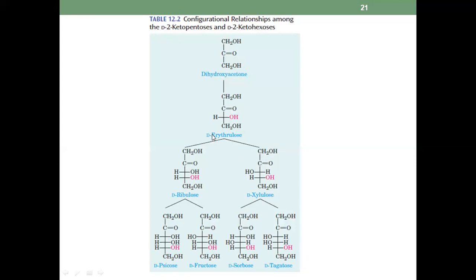So you have your D, you add your carbon after your single bond O, and your OH can be positioned to the right or to the left. It's still a D because your OH, the one that's pink here, the one farthest from the carbonyl carbon, is located on the right side, oriented towards you. So this is referenced as a D sugar.